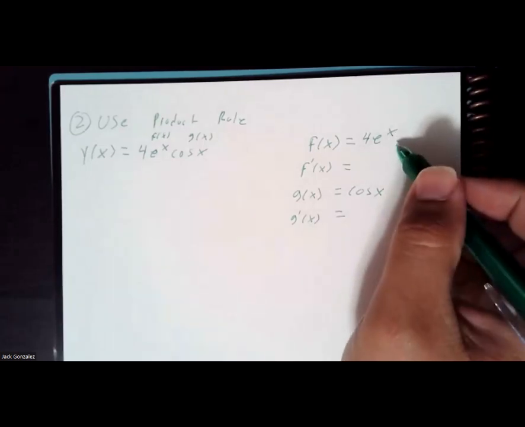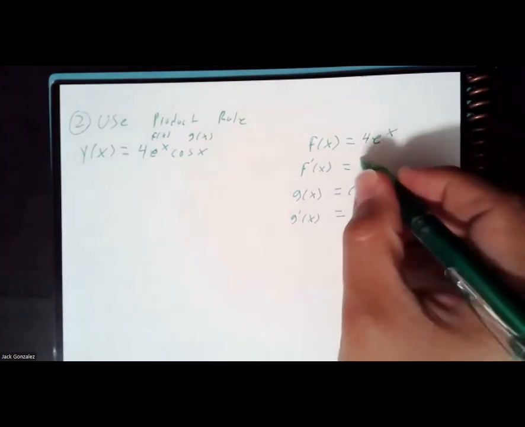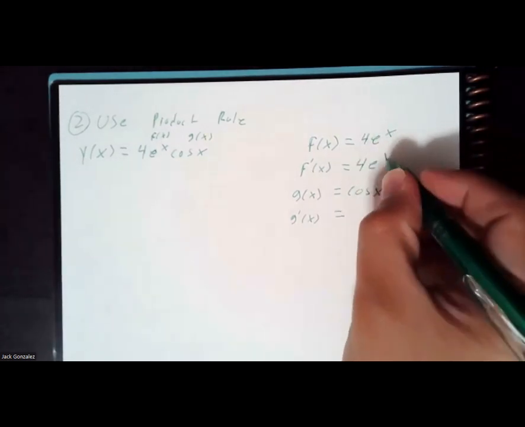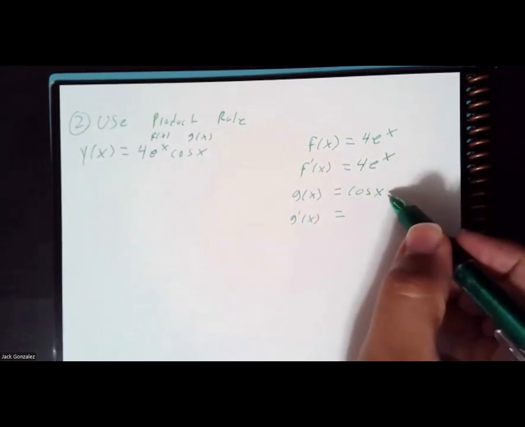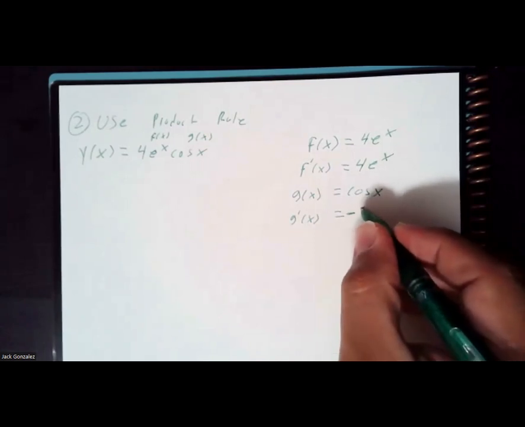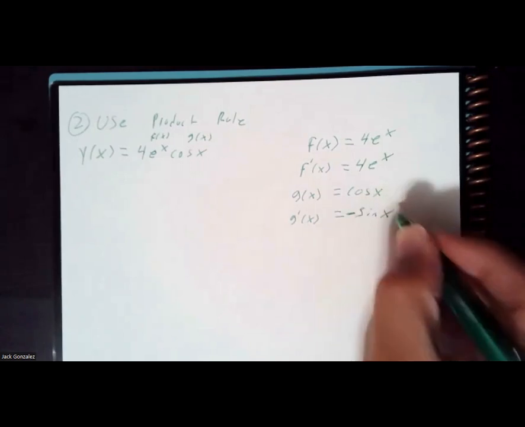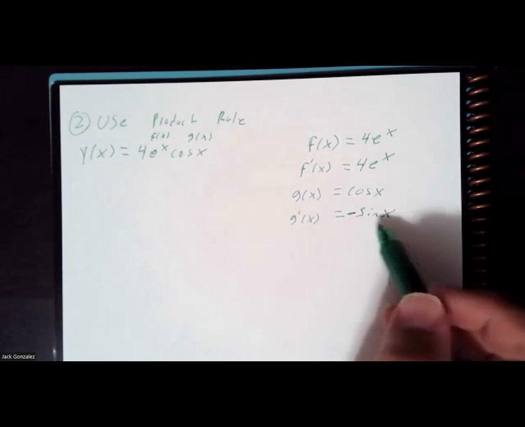Derivative of 4e^x is just going to be itself, right? Doesn't change. That 4 doesn't do anything. Derivative of cosine is going to be negative sine. This is from the formulas I gave you.